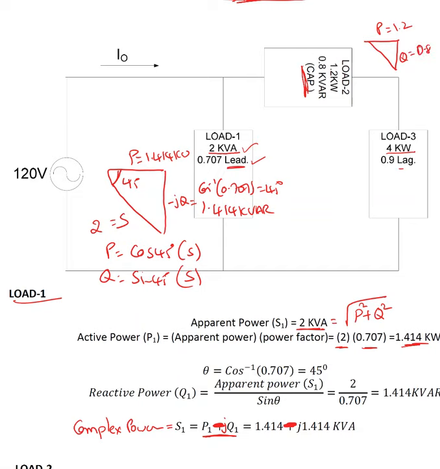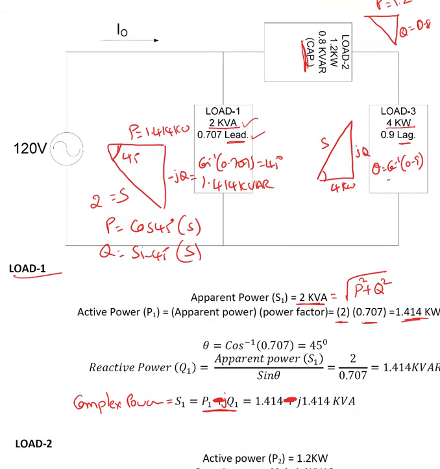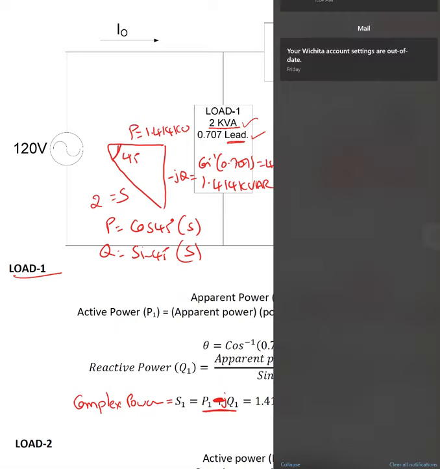Now load 3 has a lagging power factor, so lagging means for sure it is consuming reactive power. We know this value, 4 kilowatt, and plus jQ. Theta is cos inverse of 0.9, which is 25.84 degrees. From this I can find the Q value and S value.